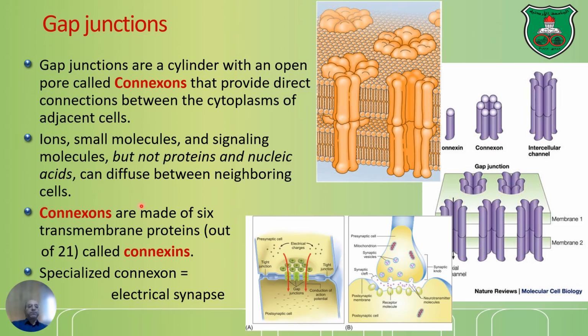Now, there are different types of connexins, by the way, and you can have combinations of these connexins that make up connexons. And you can have connexons formed of different connexins forming this channel.